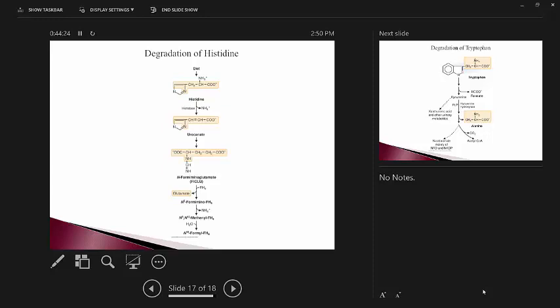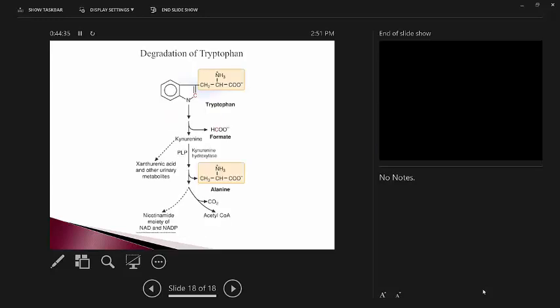Glutamate is how many carbons? 5. So where does it go? It's gluconeogenic. It goes to alpha-ketoglutarate.